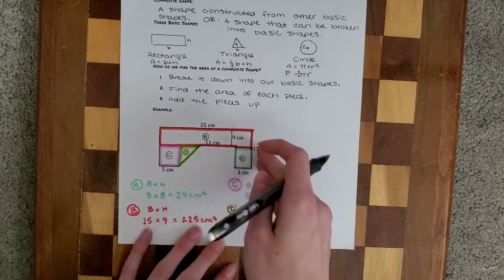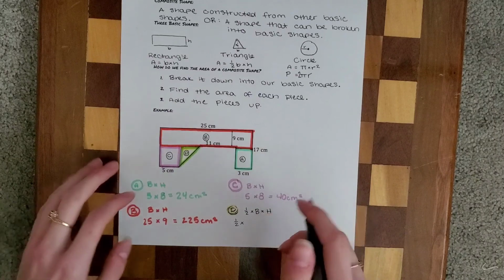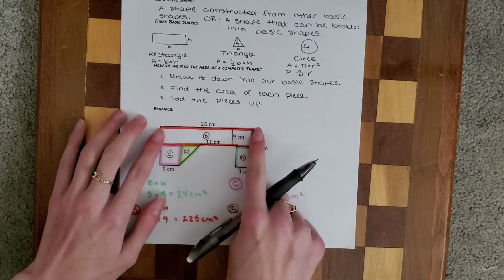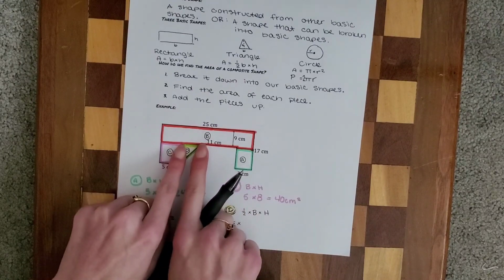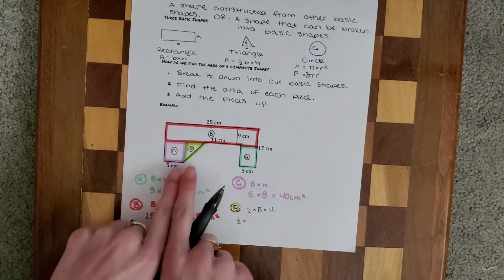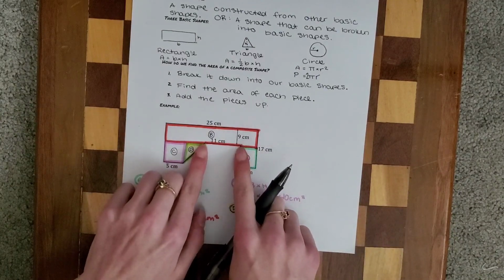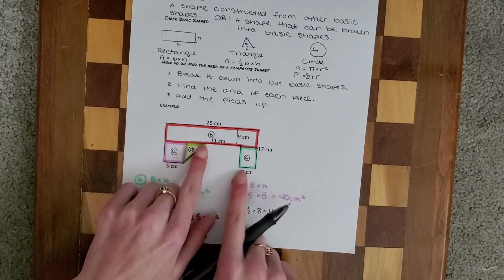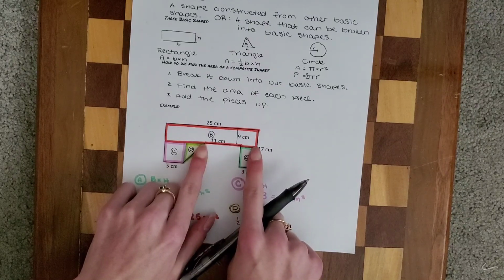It's not as easy as looking at two numbers. We have to think about the whole length and what we have. And so this whole length is 25 centimeters. And we just want this piece. Well, do we have the rest of the pieces in order to find this piece? In this case, we do. We have this, which is 11 centimeters, plus our 3 that are down here that we could move up. And then we would have 11 plus 3, which is 14.